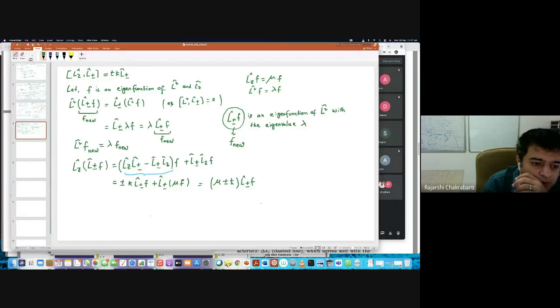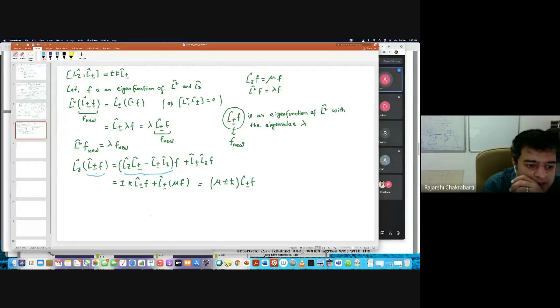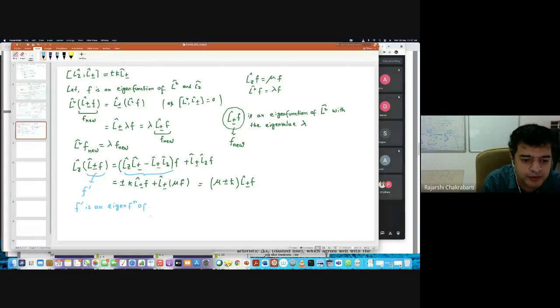Basically, it tells you this is also an eigenvalue, but the eigenvalue is different. So this I call something like f prime. So f prime is an eigenfunction of Lz, but with eigenvalue, what is the eigenvalue?